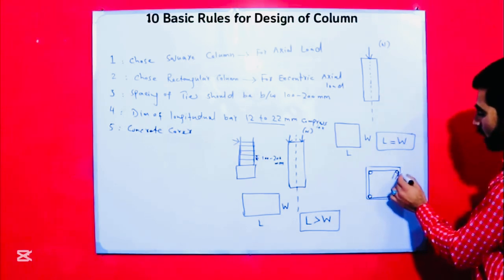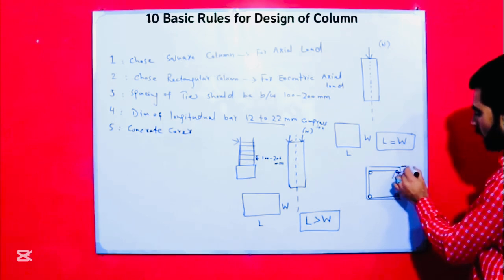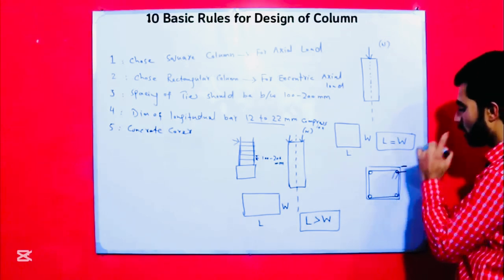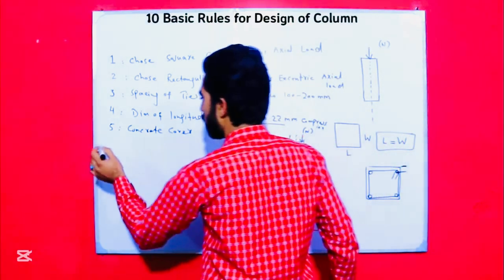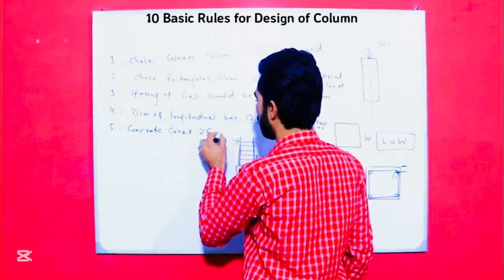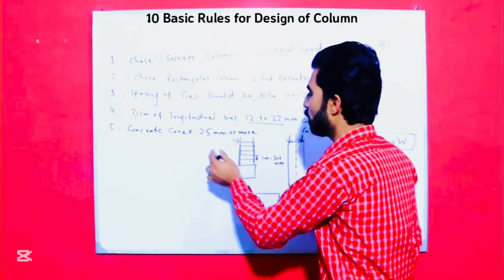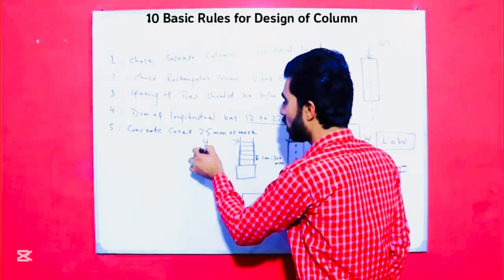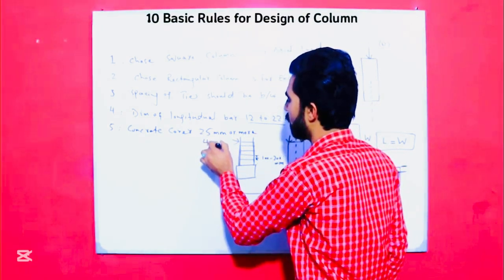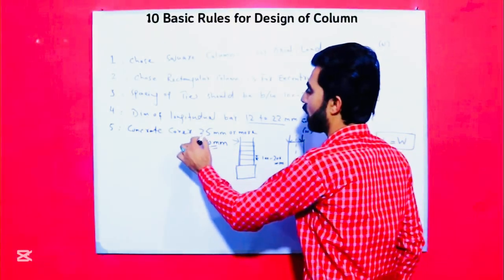So guys, the concrete cover from the steel center to the external should be 25 mm or more. More means 25 to 40 mm you can keep. This is the standard, but especially 25 is okay.